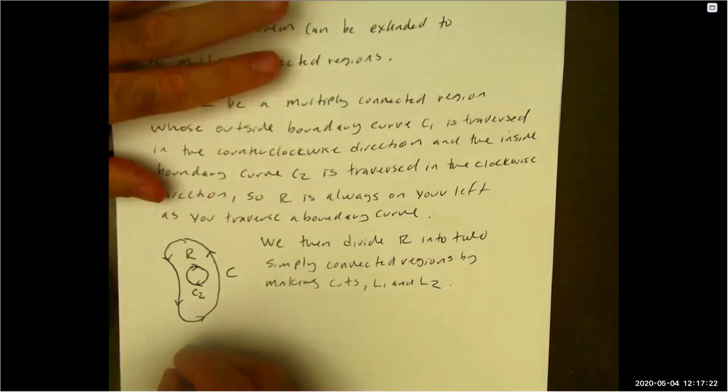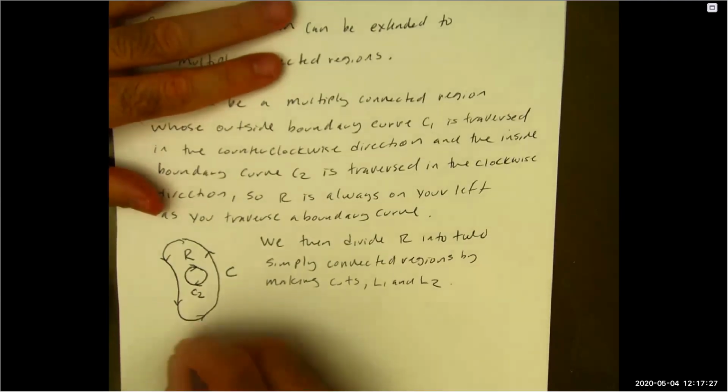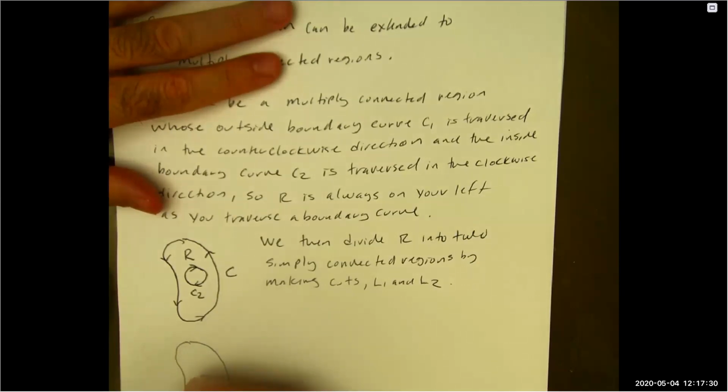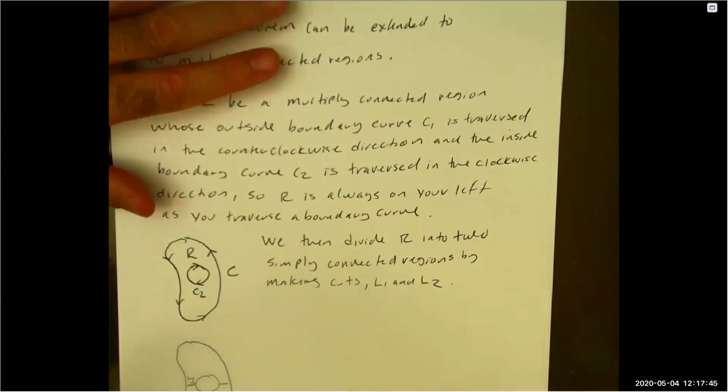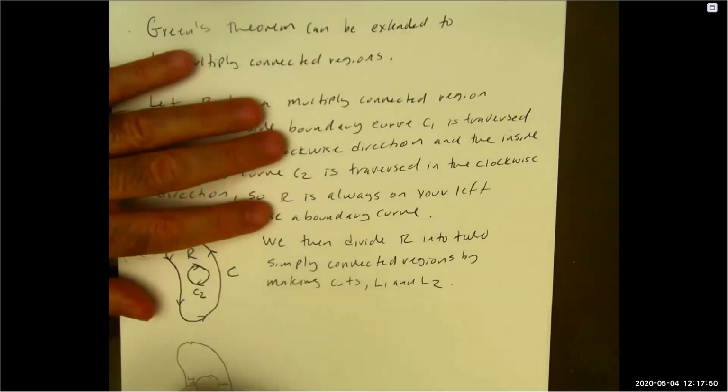And so let's redraw this picture here again. We've got this hole here. And so we're going to make these cuts here. We're going to have L1 going in this direction. And then if we use another color here, we're going to have minus L1 going in this direction. And here you're going to have L2.